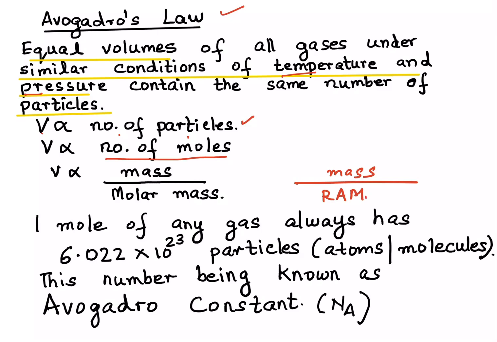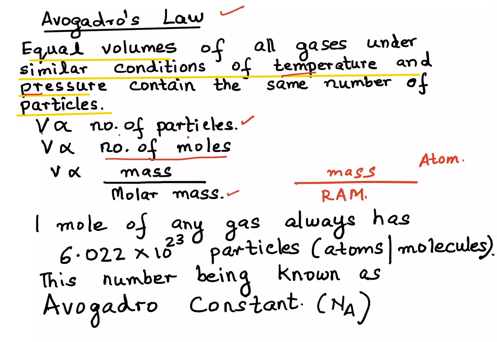So relative atomic mass or relative molecular mass. For example, gases like helium, neon, argon are all atomic in nature, so if we are talking about atoms, we will use relative atomic mass, otherwise relative molecular mass.